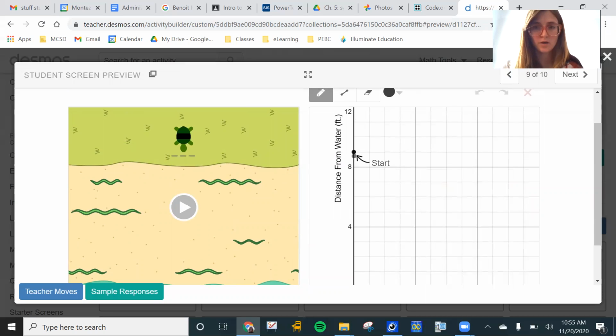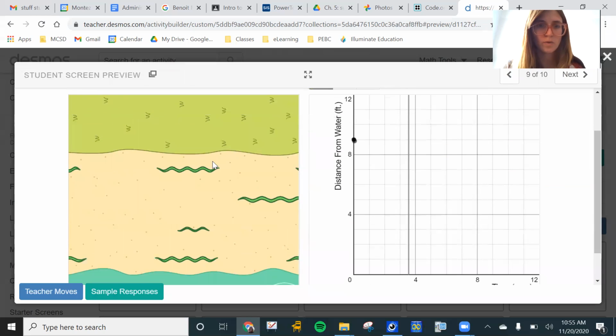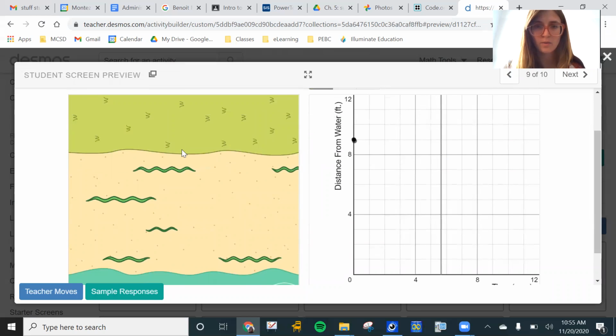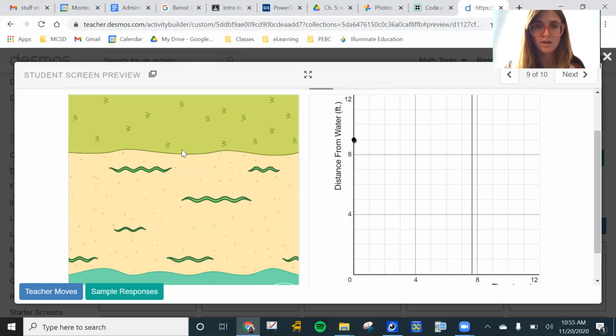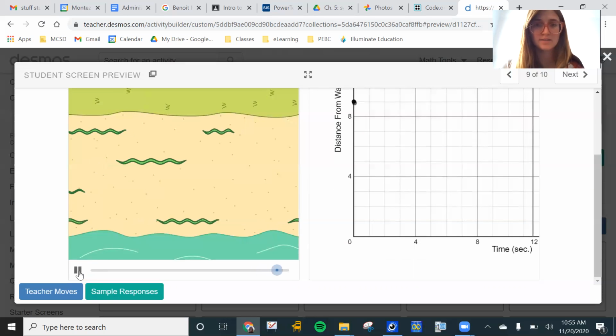And I want him to get closer and closer to the water. So I think he's going to need to wait. Is that snake moving this way or that way? Moving that way very slowly. So when does that snake get out of the way? He gets out of the way like now, so right after 8 seconds.